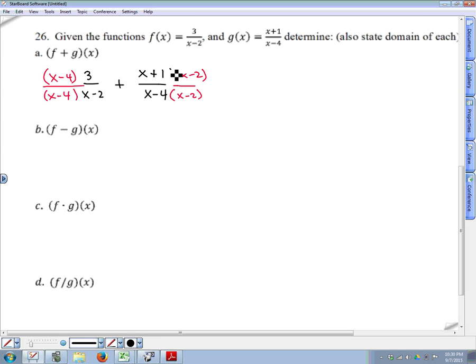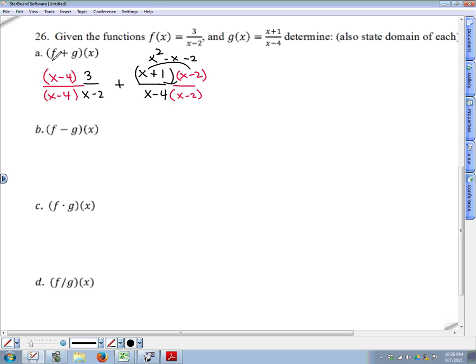So now in the numerator here, on the right side, if you multiply these together, you're going to get x squared, then we're going to have a minus 2x and a plus x, so minus x minus 2.